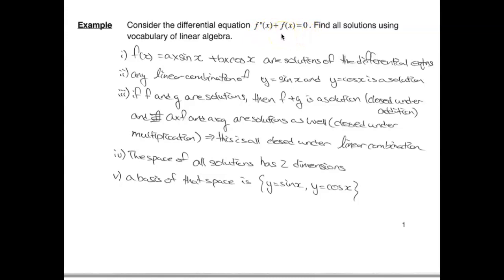You may have guessed that sine x works because the second derivative of sine x is negative sine x. So if you do negative sine x plus sine x, then it's equal to 0. So wonderful, we found that sine x works.